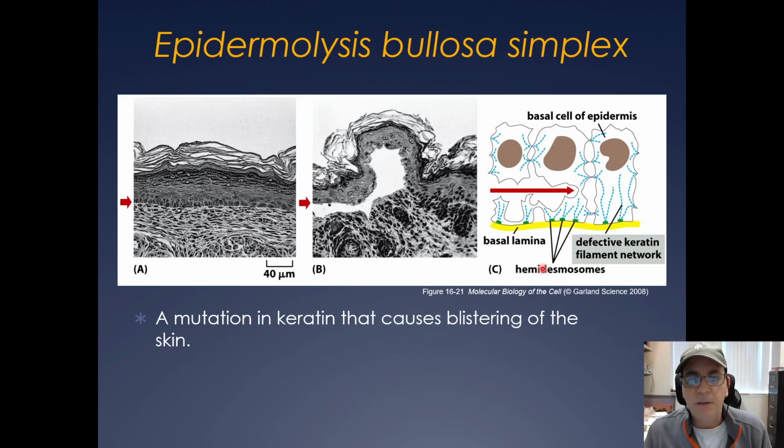But there are actually diseases if you have a mutation in keratin, and this is epidermolysis bullosa simplex, and it's a mutation in keratin, and it basically causes blistering on the skin. The point is that you have a defective keratin network, and so it's easy to peel off the skin cells, and you blister quite a bit.